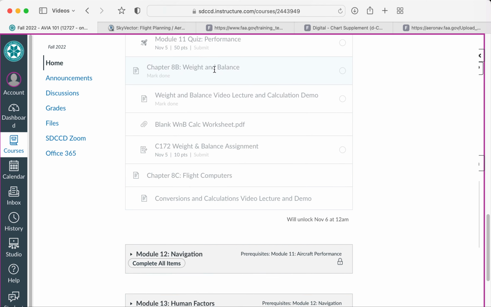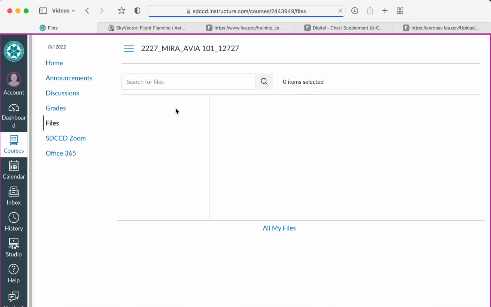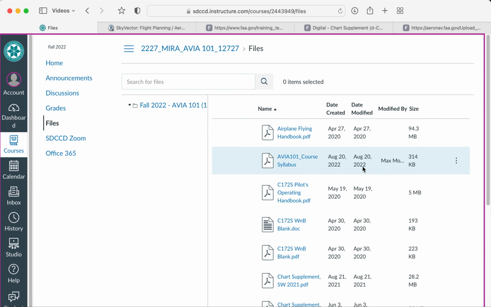And then you've got another video to watch about weight and balance. I give you at least two different demonstrations on calculating weight and balance, a nice blank form if you want to work it out on your own, and then a weight and balance assignment you'll have to turn in.